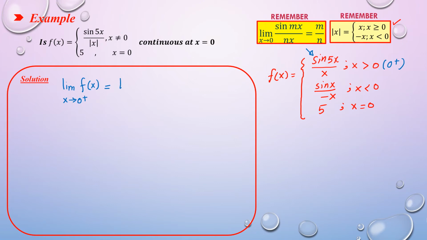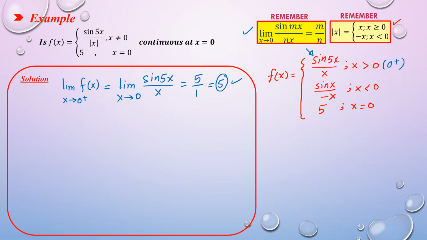This is equals to limit sine 5x over x when x goes to 0, and this is equals to 5 over 1, which is 5. So the limit to the right of 0 equals to 5.